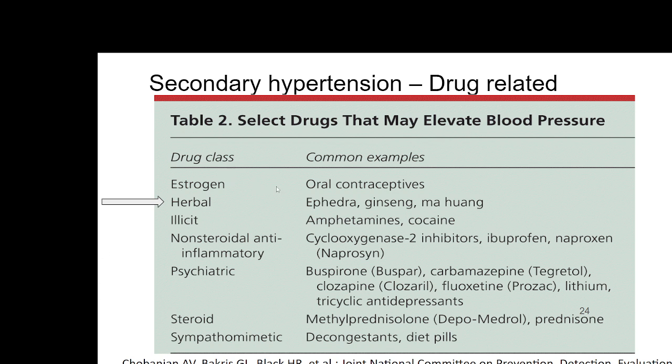The drugs mentioned are oral contraceptives, amphetamines, non-steroidal drugs, psychiatric drugs, steroids, and sympathomimetic drugs. Along with that, herbal drugs like ephedra, ginseng, etc. This is from USA, not from India. It is considered a cause of factors which add to the hypertension.